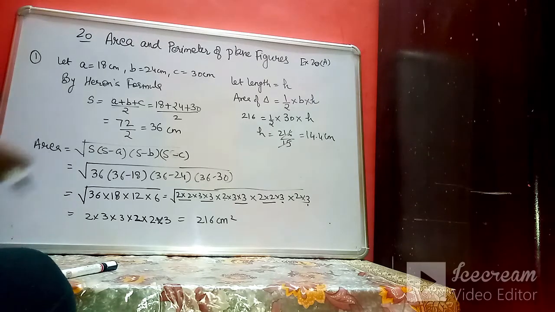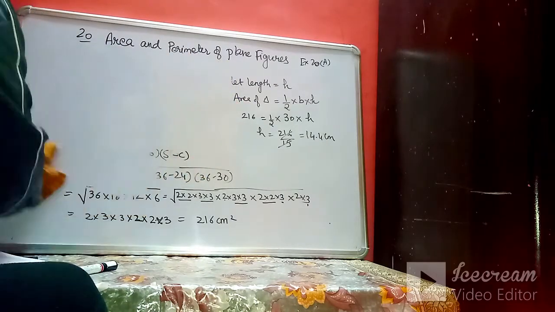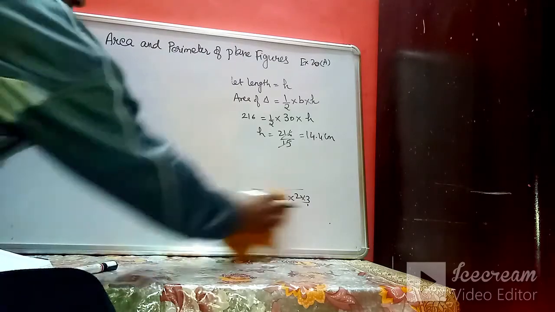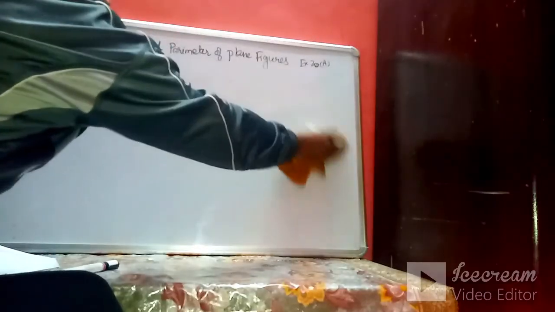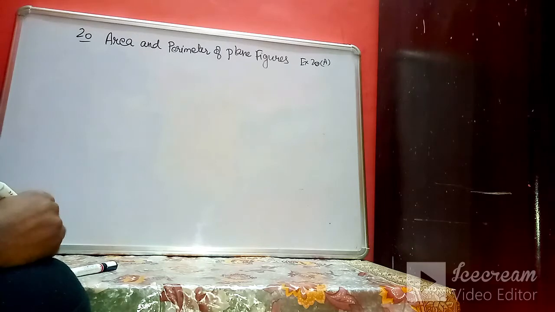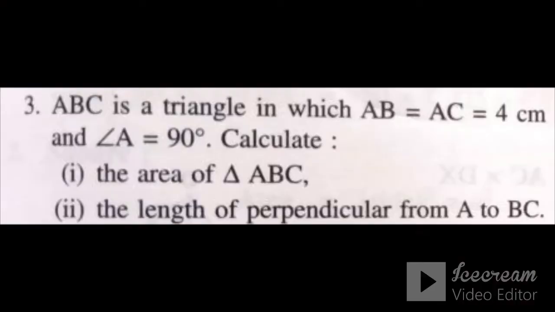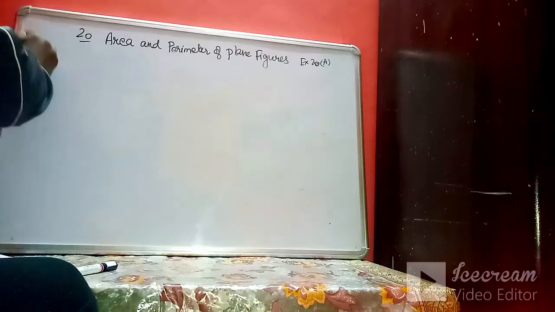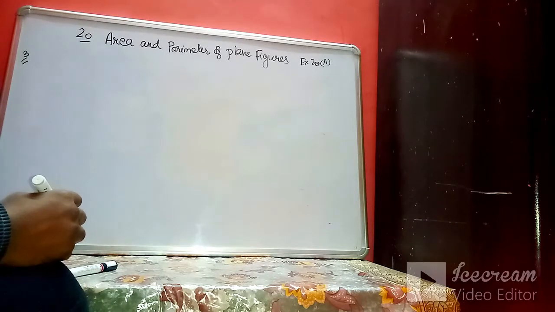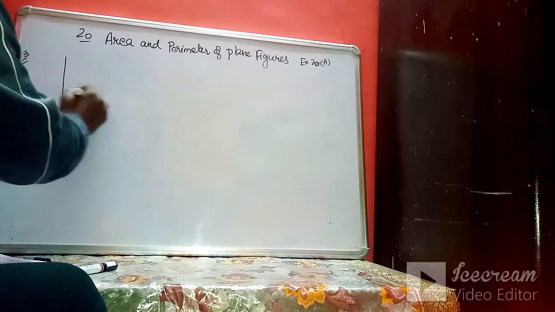Then let's see one more question. So in question number 3, ABC is a triangle in which AB equal to AC equal to 4 centimeter and angle A is 90 degree.